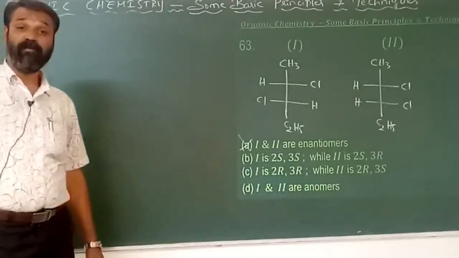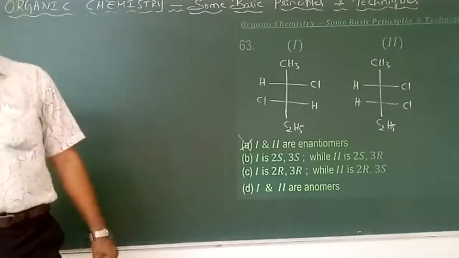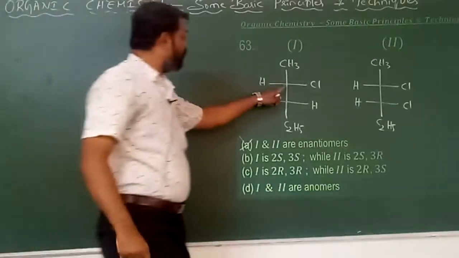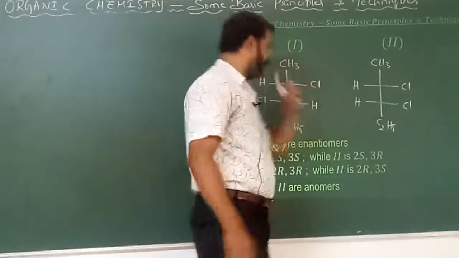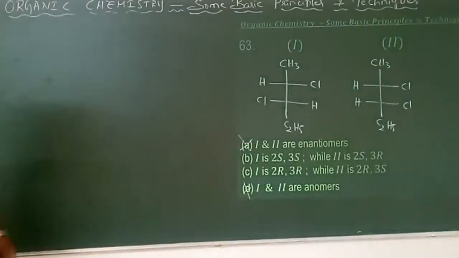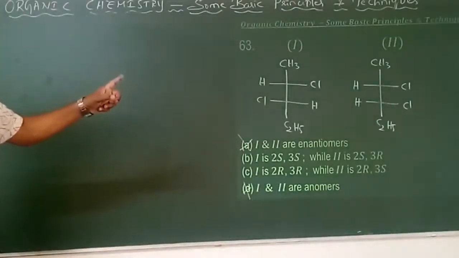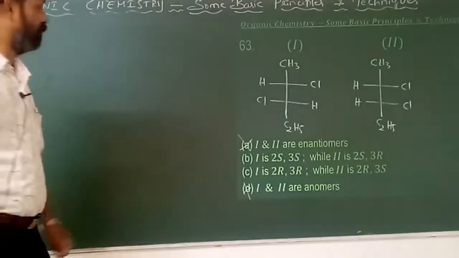What are anomers? They are the pair of optical isomers having the change in configuration only at the first chiral center. This is the first chiral center, this is the first chiral center. There is no change in configuration. Therefore, this is all. Now I am left with what and what? B and C. It is based on R and S notation.